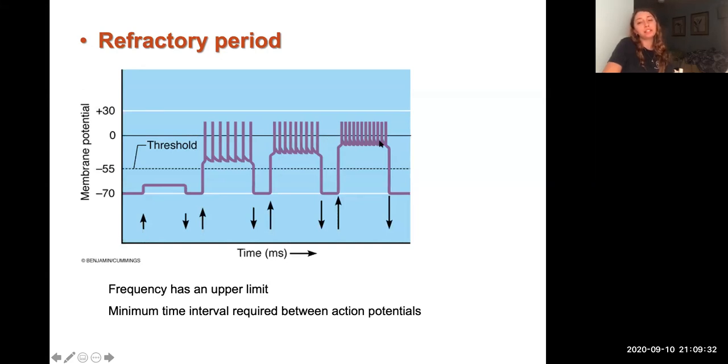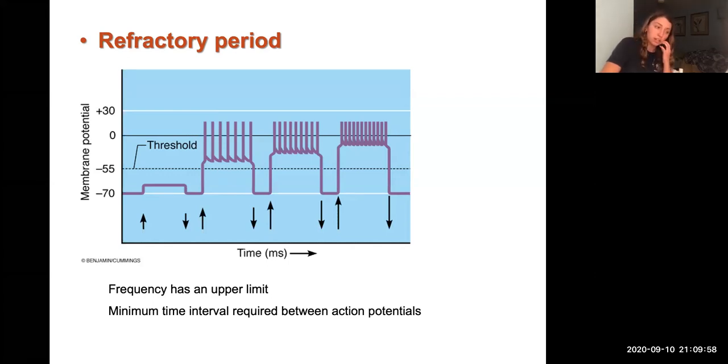And in this one it's an even bigger stimulus, but there still has to be some amount of time between when the action potentials are fired because of the absolute refractory period, which just means that when the sodium channels are still inactive, they cannot be stimulated again.